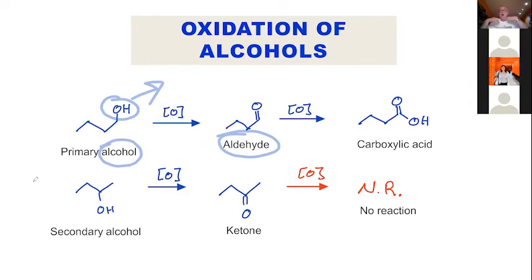And then we can oxidize that even further by doing another oxidation reaction, and we add even more oxygens to that carbon by turning it into a carboxylic acid. So now it has a double bonded oxygen and a single bonded oxygen. So now that carbon barely has any of its electron density at all. It's being pulled by this double bonded oxygen and this single bonded oxygen. That's with a primary alcohol.